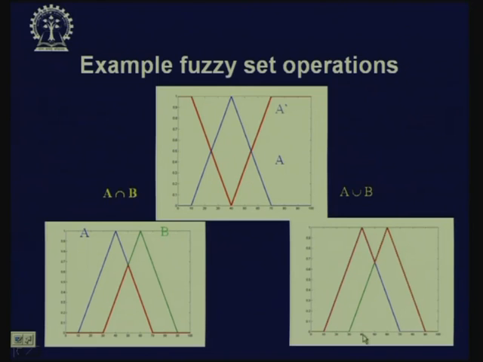The union set on the other hand will look like this. This was A and this green was B, and this union is the red line where I have taken the max of the membership values. 40's membership in B was 0.4 and in A it was something like 0.8. So, I have taken 0.8. All right. So, this is the union fuzzy set.